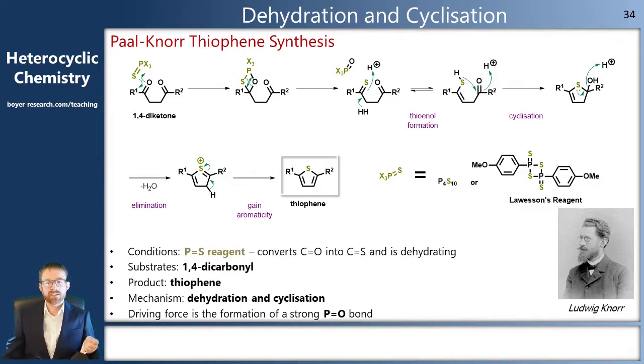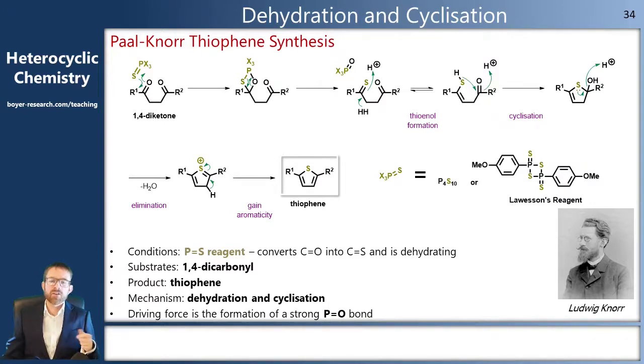Several times now we've seen how phosphorus reagents are very oxophilic. So what this reagent will do is it will swap its phosphorus sulfur double bond for the carbon oxygen double bond in our substrate. And so you can see here it swaps the ketone for a thioketone.